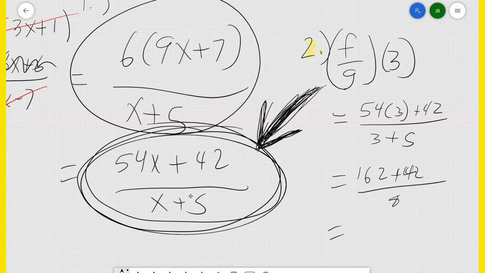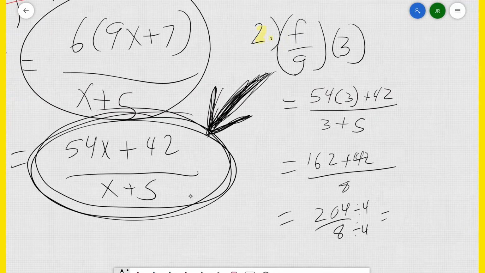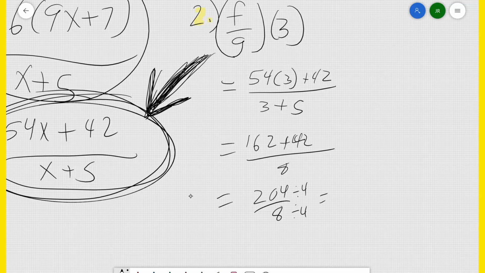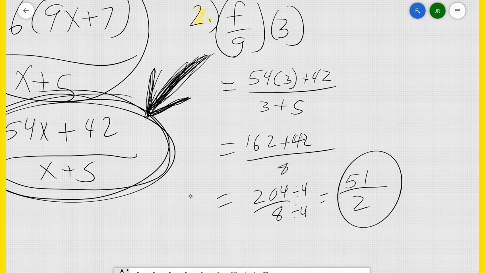And that's going to be 204 over 8, and that will reduce if I divide both of them by 4. 4 goes into 204 51 times, and it goes into 8 two times, so 51 over 2. And that is my final reduced answer for that part.